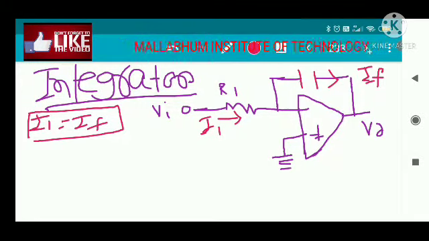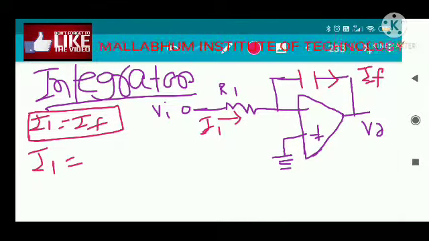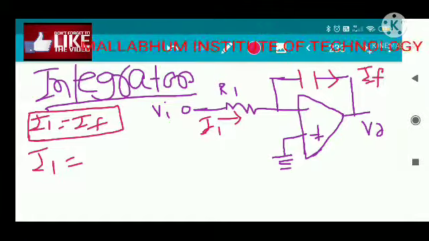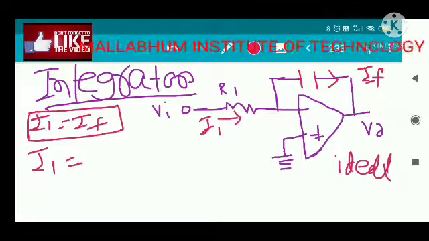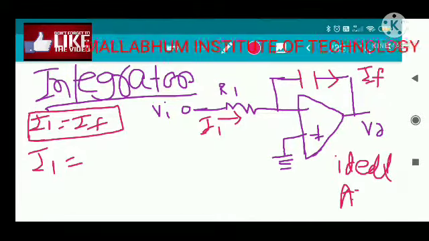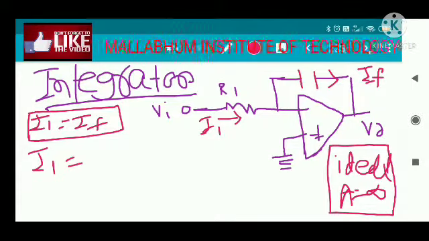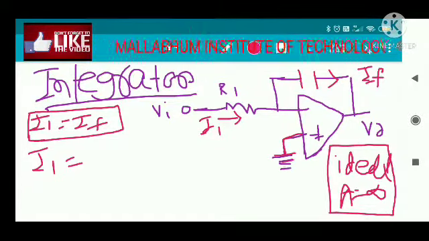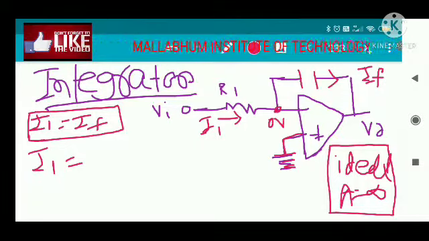Here the operational amplifier is an ideal one, and the open loop gain is obviously infinite, so we can apply the virtual ground concept. The virtual ground concept means this potential is 0 volt.